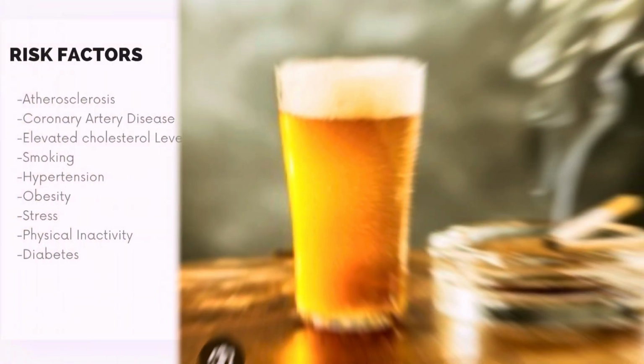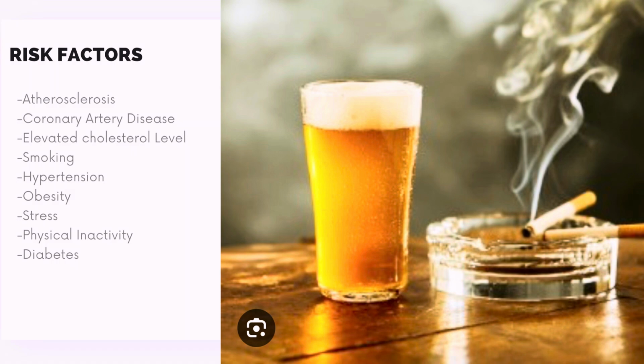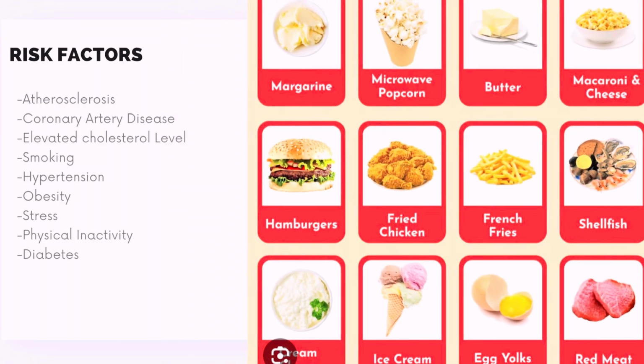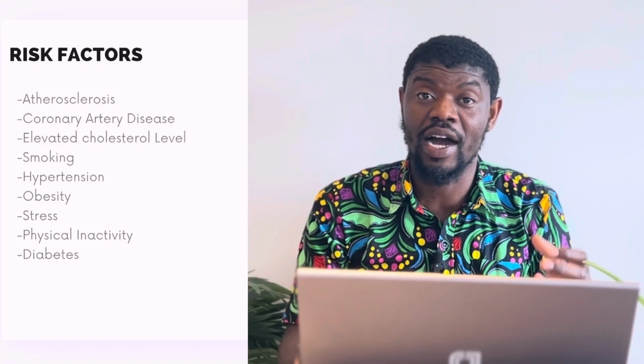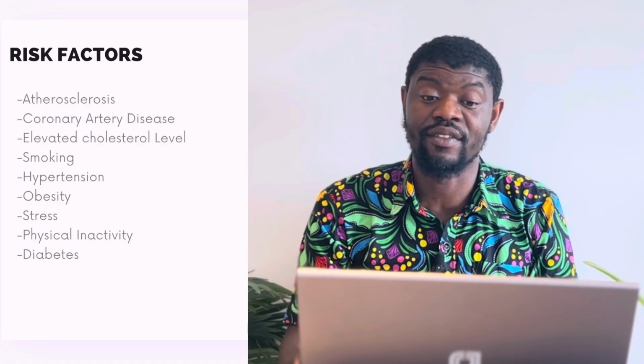Now, there are some lifestyle choices that may predispose you to developing myocardial infarction. The very first one to talk about is smoking and alcohol use. This habit increases your risk for developing MI, and so we advise that this be reduced if it cannot be stopped. Also, when you have high cholesterol levels, because cholesterol is fat and plaques develop as a result of fatty deposits, you are at an increased risk of developing myocardial infarction.